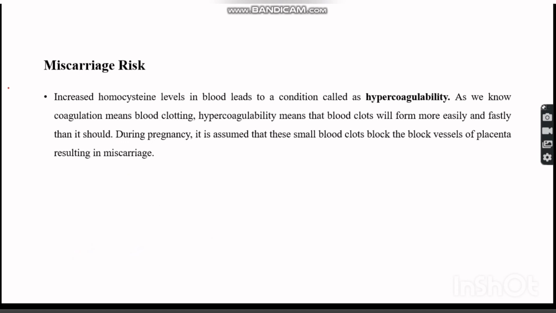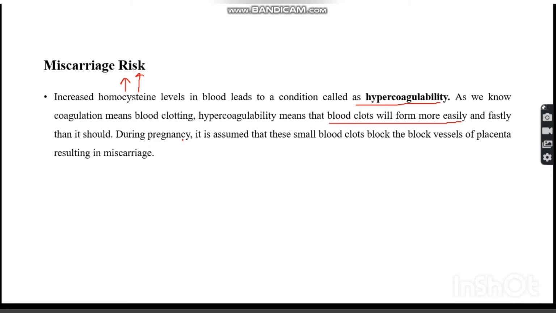So, what happens is that when there is an increased level of homocysteine in blood, it indirectly leads to the condition that is hypercoagulability, which means that there is an increased level of blood clotting factors in the blood. So blood clots will form more easily, more quickly than they should.